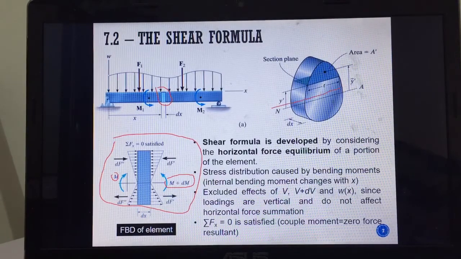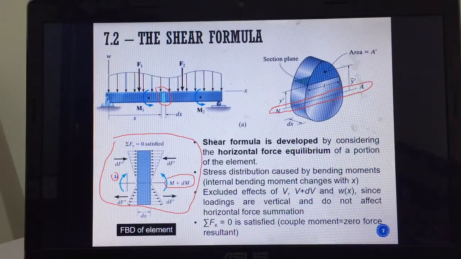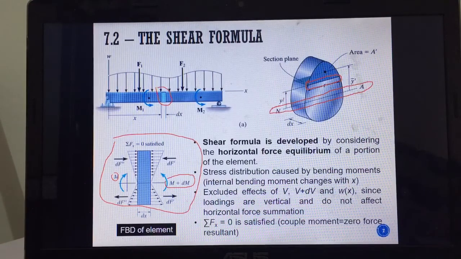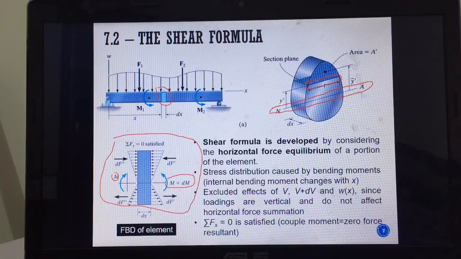If you draw the neutral axis, you have the neutral axis somewhere here, and if you want to analyze the points on this line, you find it to be y bar distance from the neutral axis, and then the remaining area A prime will have its centroid at y bar prime from the neutral axis.